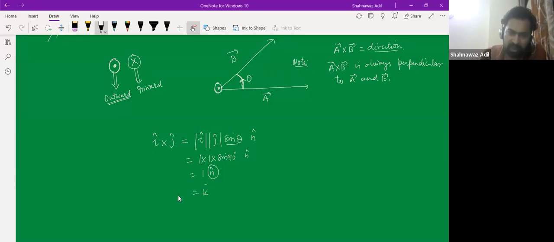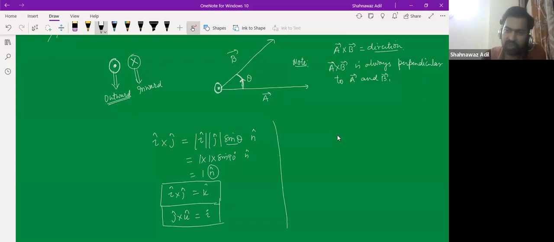So remember, if I want to find out I cross J, that would be K hat, right? Similarly, if I want to find out J cross K, that would be I hat. And to understand these things, I have to use this nice trick, which is called the cyclic property.